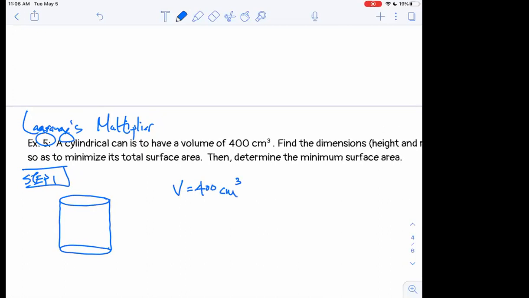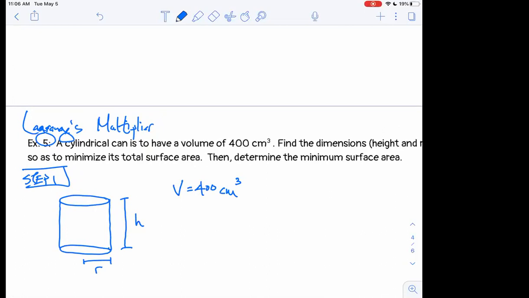Find the dimensions of the height and radius. So I know that the radius is not all the way across the bottom, but halfway across the bottom. And I know that the height is how tall the can is. And what I want to do is to minimize the surface area.